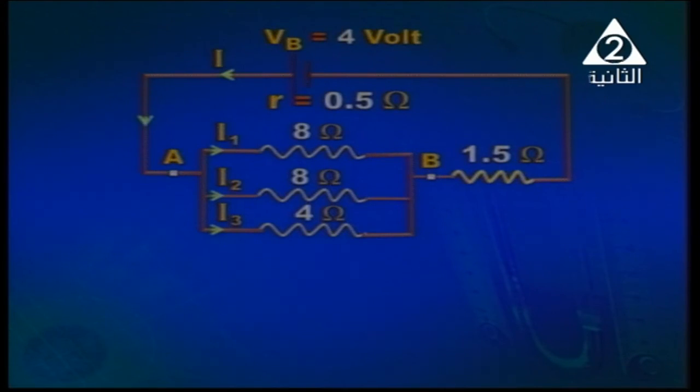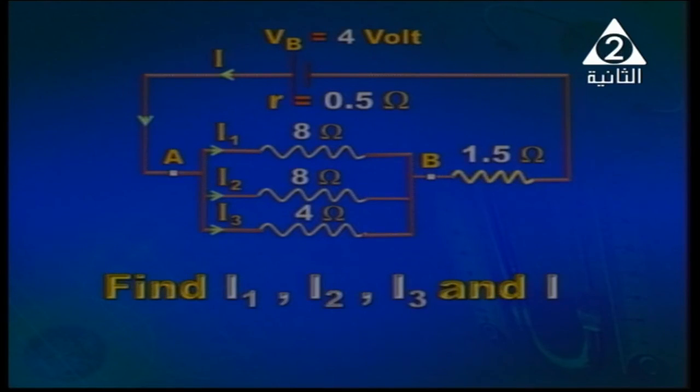This parallel combination is connected in series to 1.5 ohm, and never forget the internal resistance of the battery, which is 0.5. Calculate the currents I1 through the 8 ohm resistor, I2 through the other 8 ohm resistor, and I3 through the 4 ohm resistor, and then the total current.